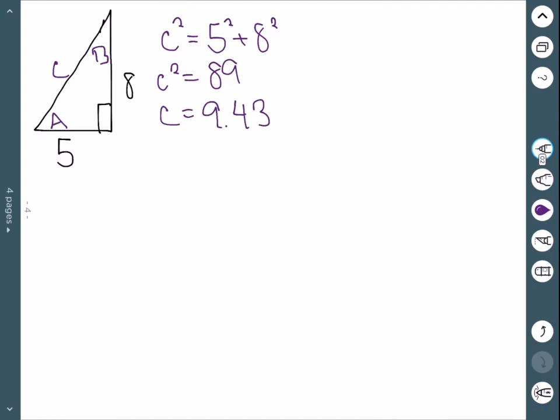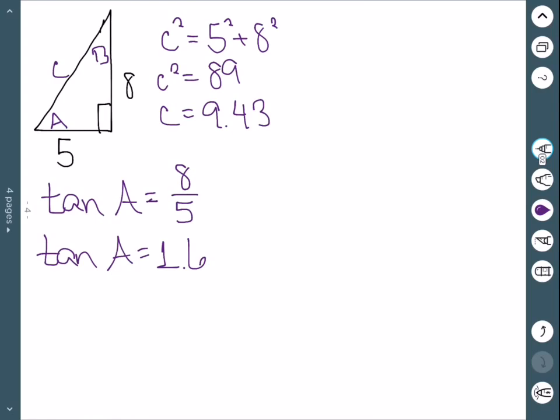To find our angles, we're going to use trig functions. I'll start with angle A, and we know that tangent of A is equal to opposite over adjacent. 8 divided by 5, we can work out fairly easily and get 1.6.